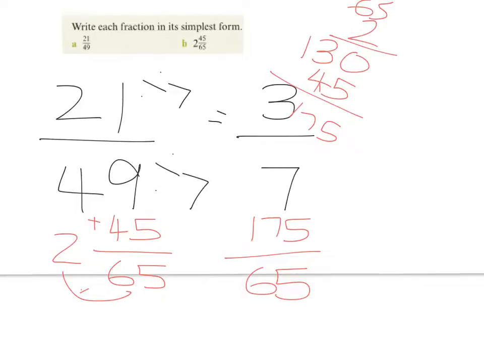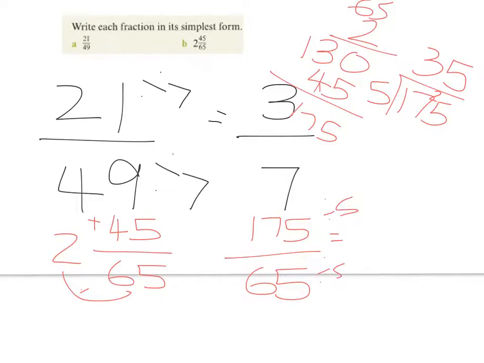So how many times does 5, so I'm doing my working out here, go into 175? 5 goes into 17 3 times with a remainder of 2. 5 goes into 25 exactly 5 times. So we can divide that by 5, and we divide that by 5.